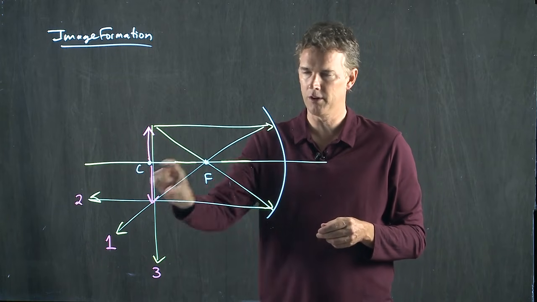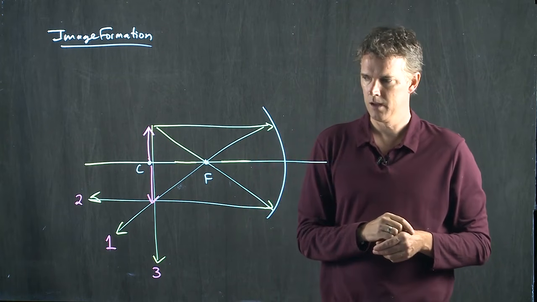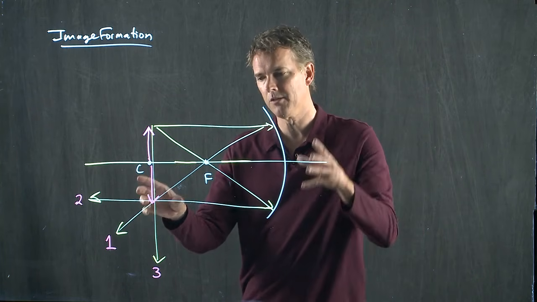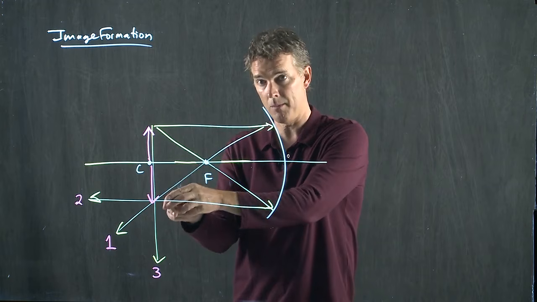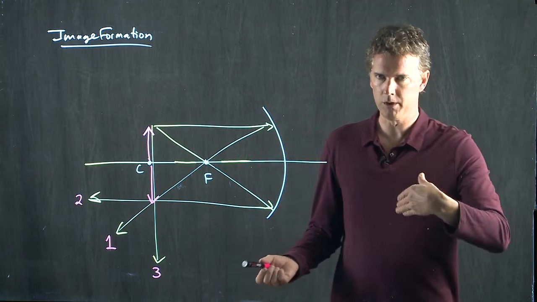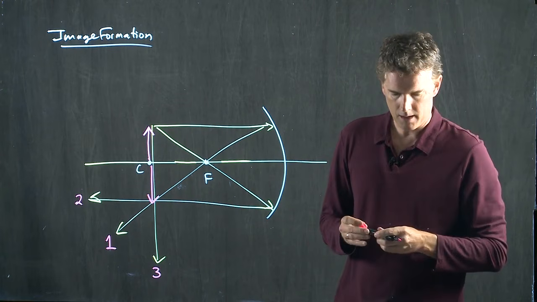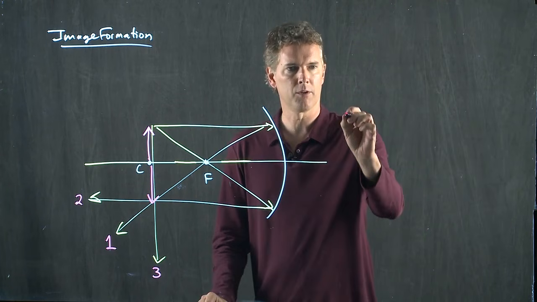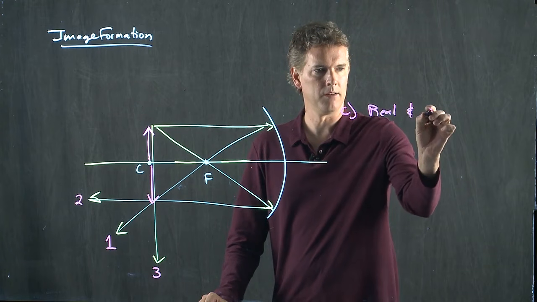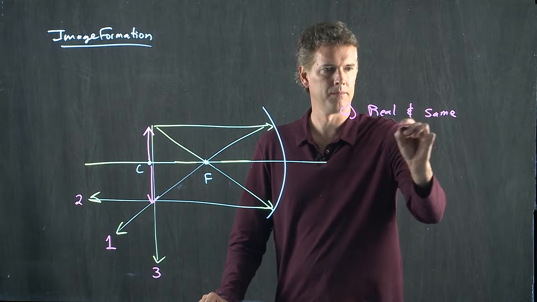Here's our object, here's our image. Okay? So it's also real because there are real rays coming to form it. And it is inverted, which just means upside down. And so the answer is C, of course, real and same size.